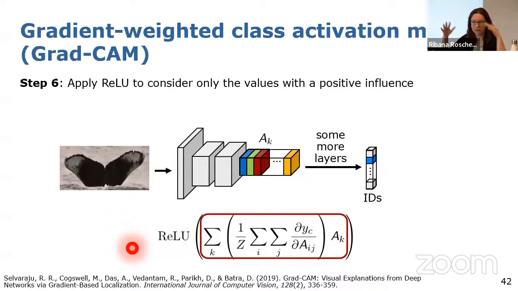So we only want the positive influence, the positive impact. And for visualization, you scale the values of this final heat map to the same size as the image, and you scale it between 0 and 1.